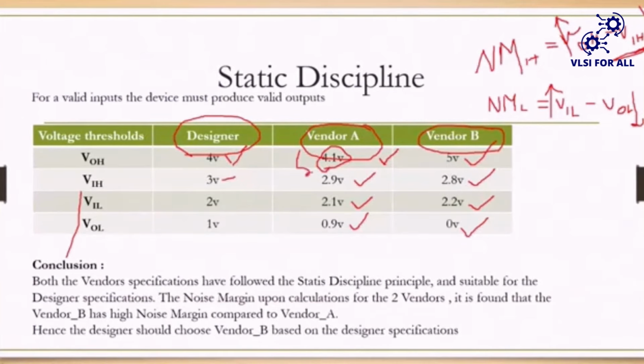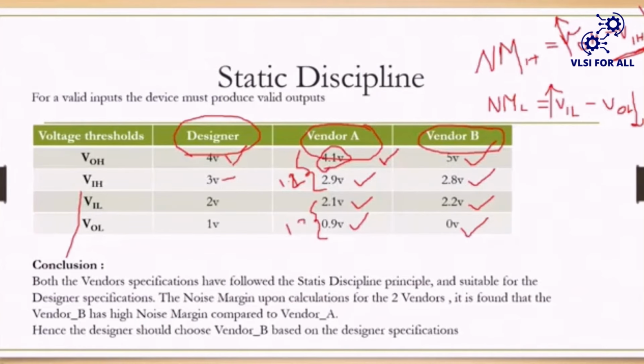So guys, vendor B is also satisfied, but you tell me, what is the noise margin here? Here the noise margin is 1.1 volts, sorry, 1.2, no, sorry, 3.9.